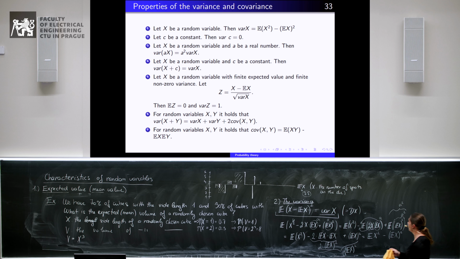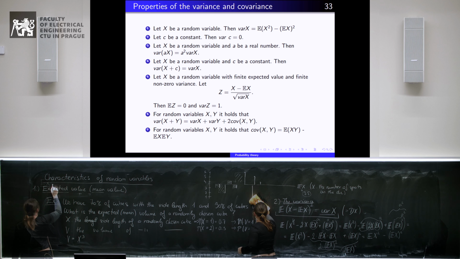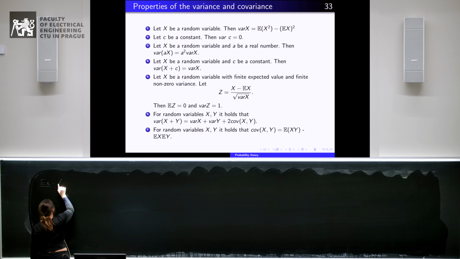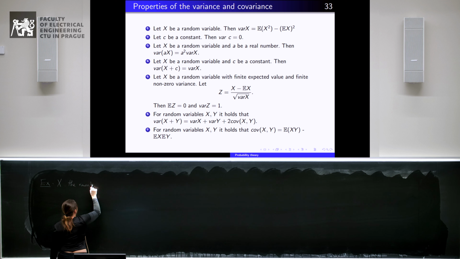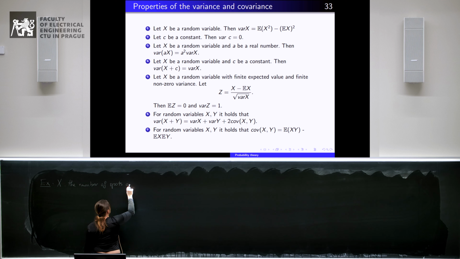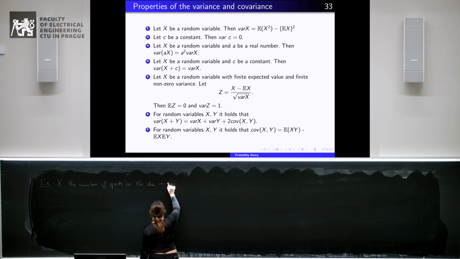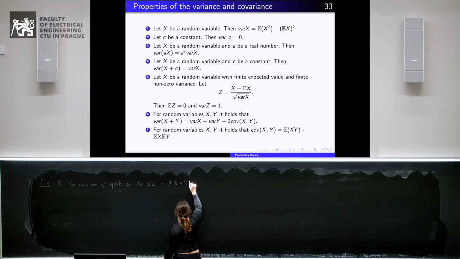So let's calculate the variance in our classical examples. For our classical X, the number of spots on the die, we have the expected value equal to 3.5.